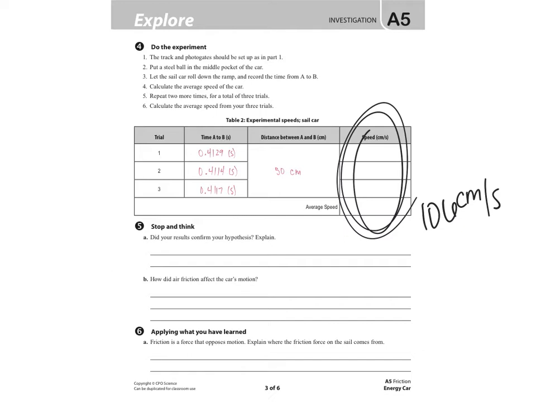Now, some of you guys might have been better MacGyvers and taped it on pretty well, and so you saw a greater decrease, or maybe your sail was kind of a little floppy and it maybe didn't affect it as much, but we should have at least seen a change here, where the average speed was a little less. And that's as to be expected, okay?